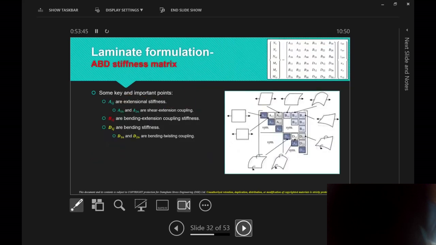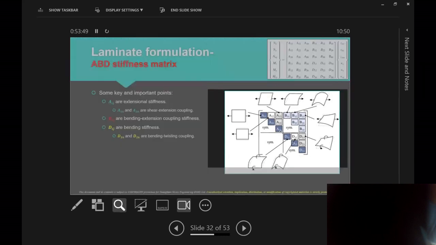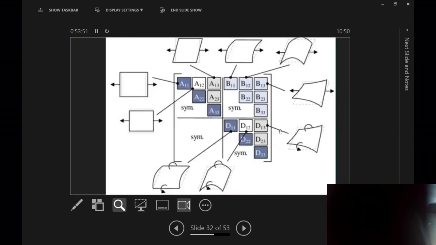But here is the key. I think this is something to have at hand, if you like. It's a very good graphical illustration of what happens in composites. If you've got A11, A22, and A33, this is what we're talking about, the extension. For example, A11, you pull it apart, it extends.